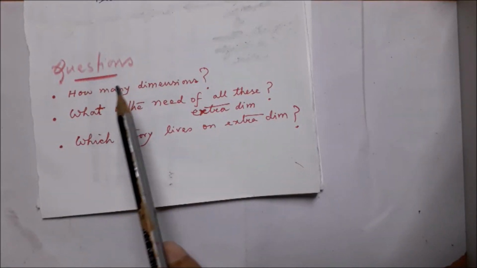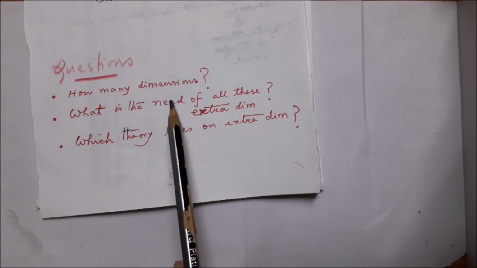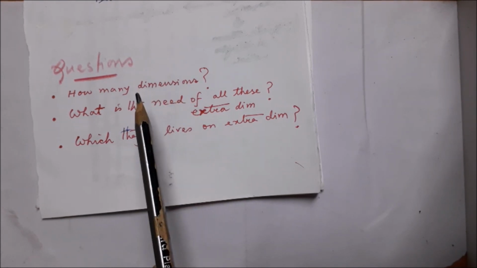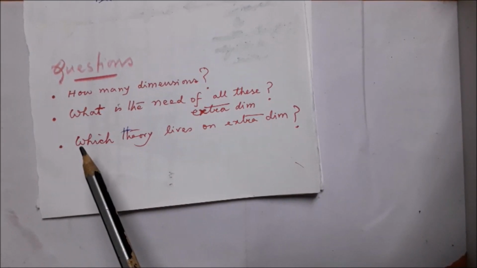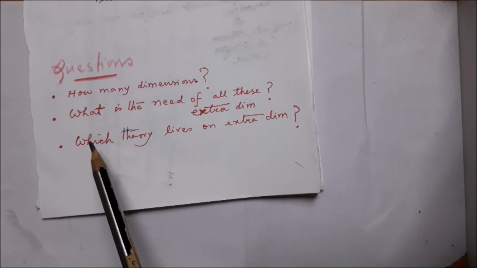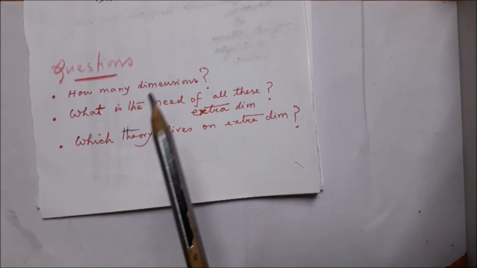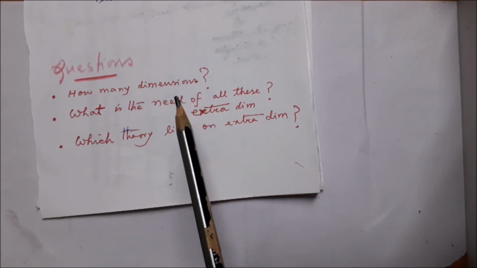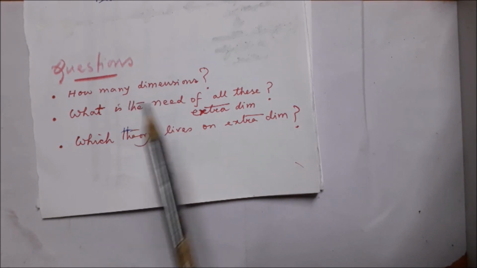Some questions thus appear. How many dimensions shall we take? Whatever we do, it should be mathematically consistent. If at all we allow some extra dimension, say a theory based upon some rigorous mathematics allows for extra dimension, then we have to physically interpret it.